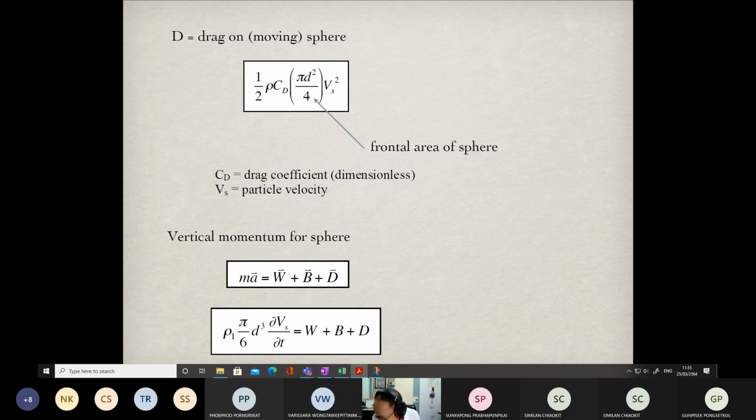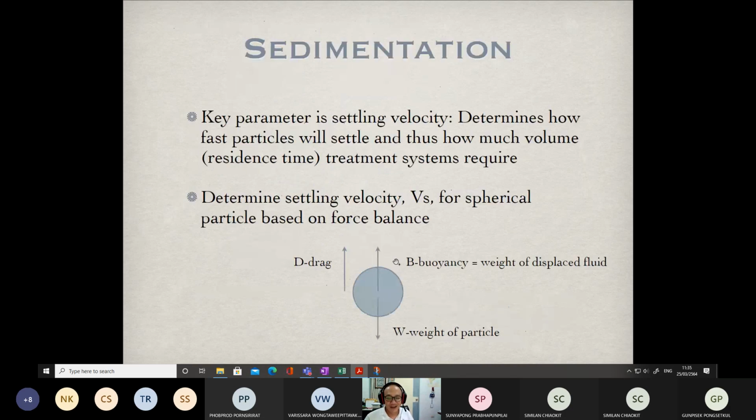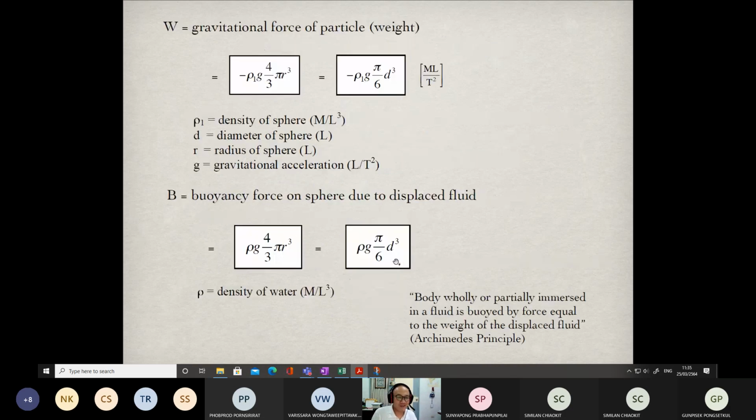It is the same for objects when they are dropped into water. So three forces are acting, and we can calculate their magnitudes. Gravitational force W is equal to mg. M is the mass. Just remember that mass divided by V is equal to the density.